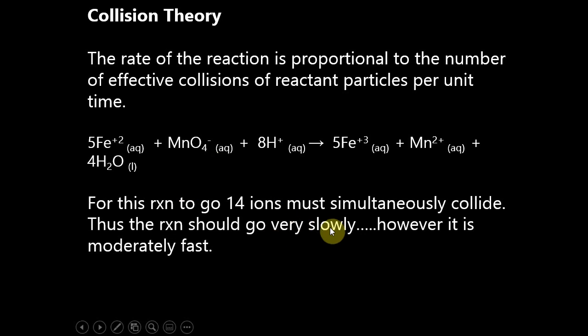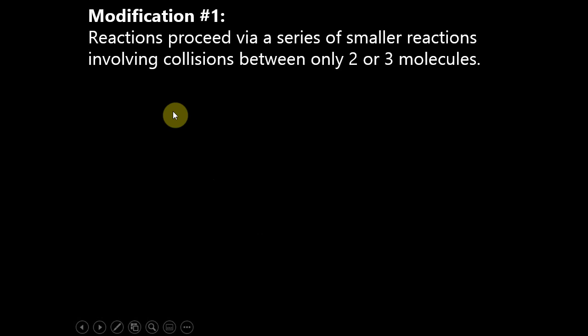This reaction, though, is actually fairly fast, so it's not just the collision of these 14 ions that cause the reaction to go. It's probably happening in a slightly different sense, I guess. So how do we explain that?